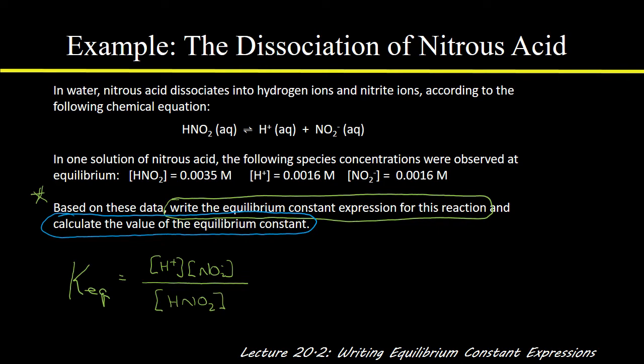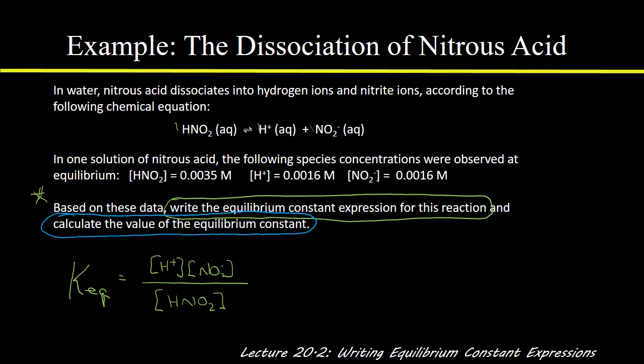And then we would raise all of these to exponents equal to their stoichiometric coefficients. But in this balanced equation, all of those stoichiometric coefficients are 1, so they're all just raised to the first power.